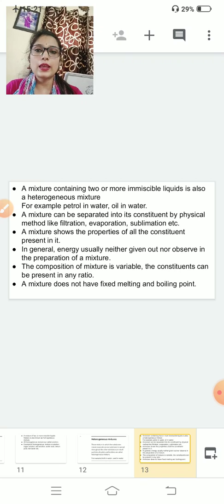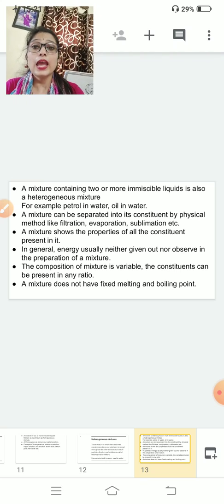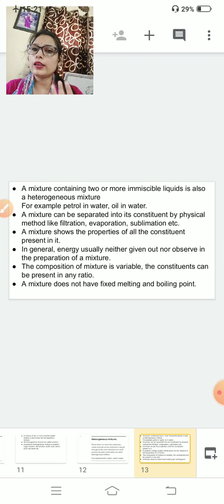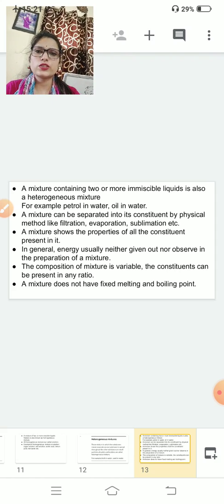In a mixture, if you mix different types of constituents, energy is neither taken out nor given out. So in general, energy is usually neither given out nor absorbed in the preparation of a mixture. The composition of a mixture is variable.